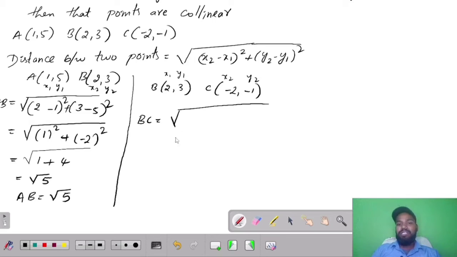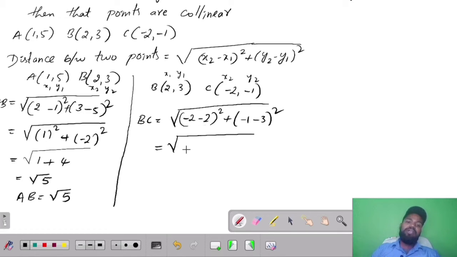What is x2 here? x2 is minus 2 and x1 is 2, whole square, plus y2 minus y1. y2 is minus 1, y1 is 3, whole square. So minus 2 minus 2 is minus 4 whole square, plus minus 1 minus 3 is minus 4 whole square, that is nothing but under root.